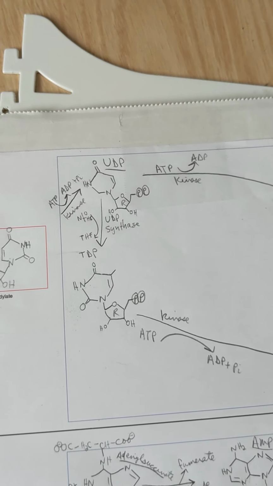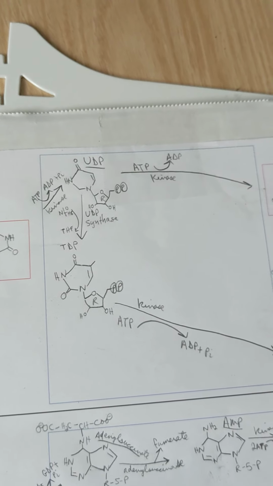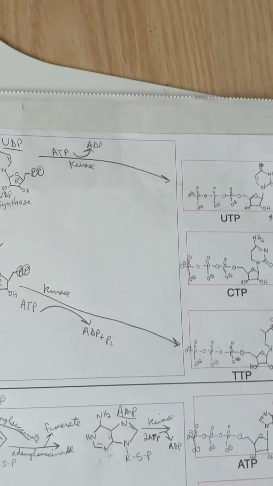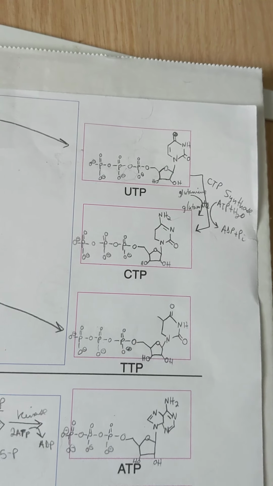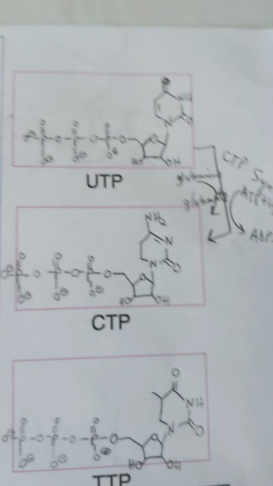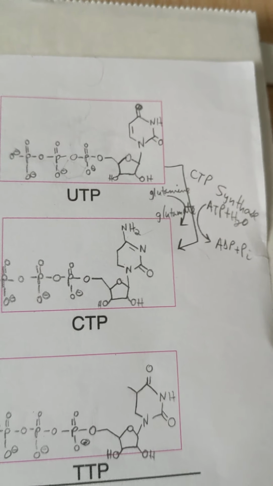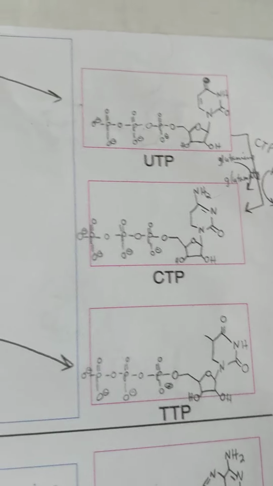React with kinase to make UDP. That can then be reacted with more kinases to make our UTP, CTP, TTP. Super fun. Well, I mean that UDP or UTP will react with CTP synthase and glutamine to make CTP.